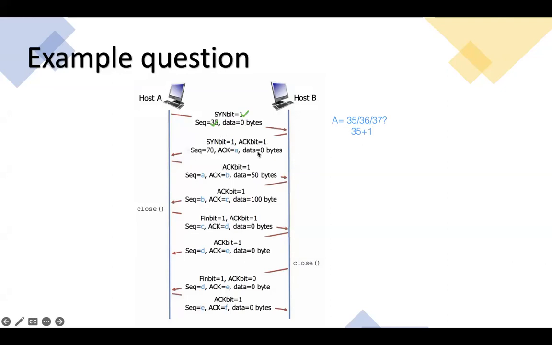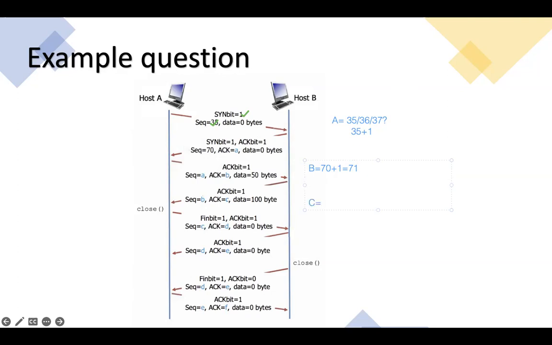And how about B? The acknowledgement. So here, B will equal to which one? We just look at the sequence number of the previous one, which is 70. So it's 70 plus 1 equal to 71, right? Next, how about C?